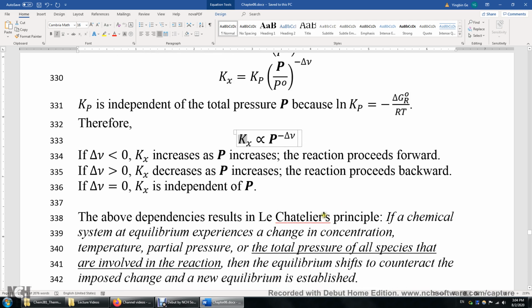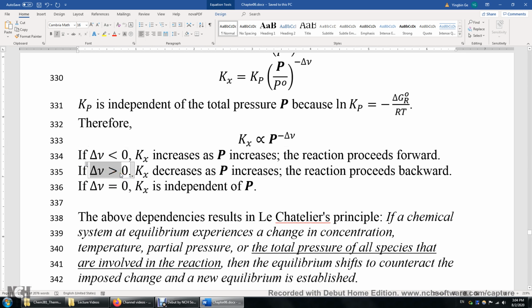So that's interesting. If delta nu is less than 0, that means we have fewer gases on the product side. Then as the pressure increases, the reaction proceeds forward. So when the total pressure increases, the reaction proceeds toward a direction to reduce the number of moles of gases. Now when this delta nu is greater than 0, what does that mean?